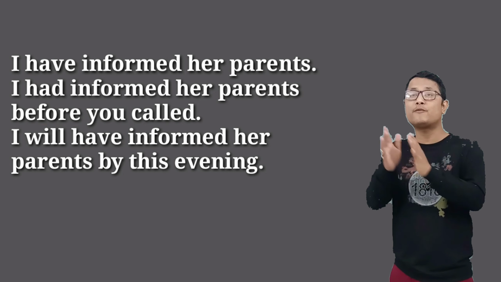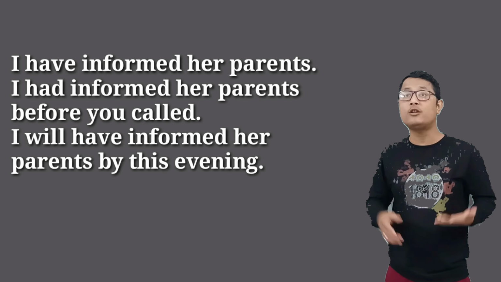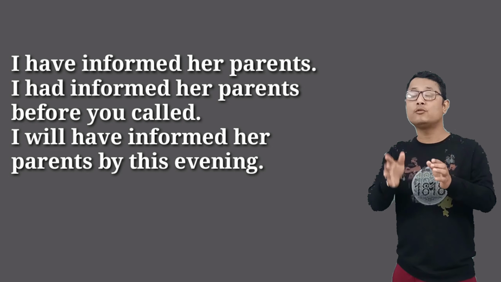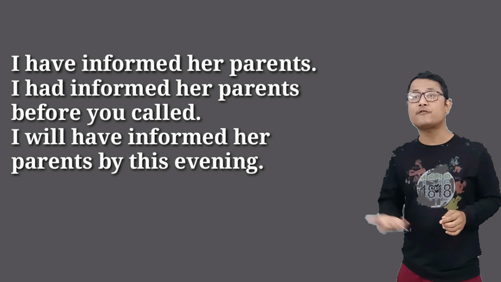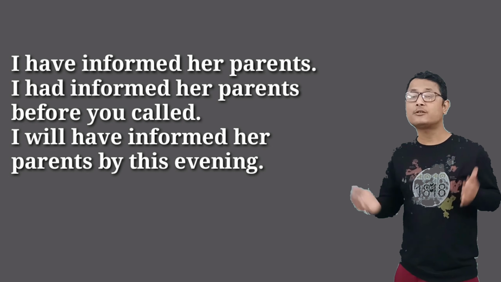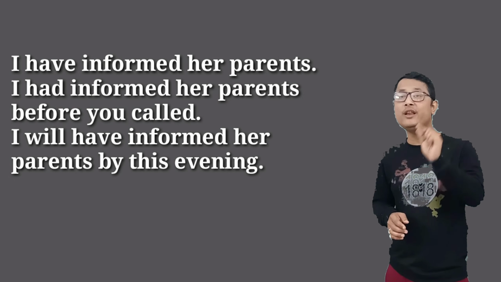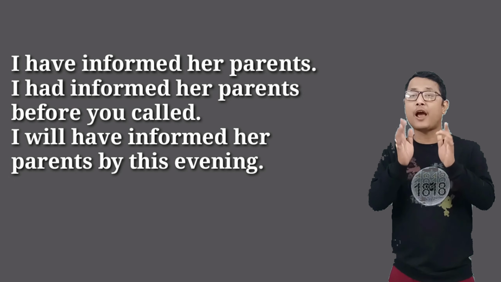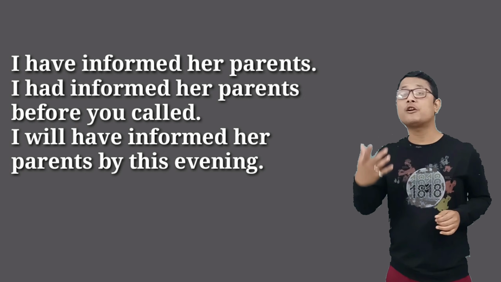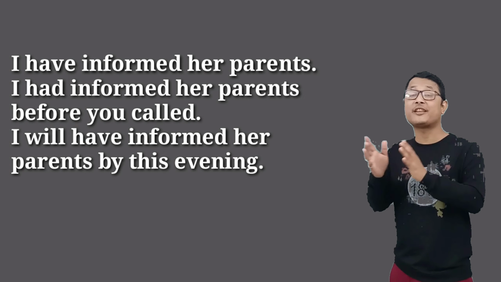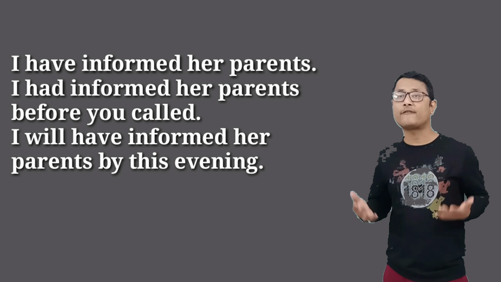So I used "I had" and then the third form of the verb. In the third sentence, I used "I will have informed." I used "I will have" and the third form of the verb. This sentence means future perfect tense.